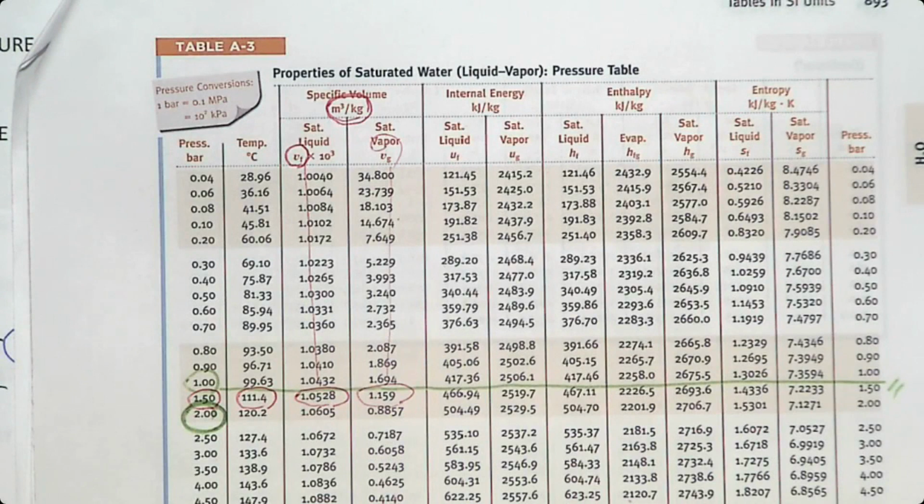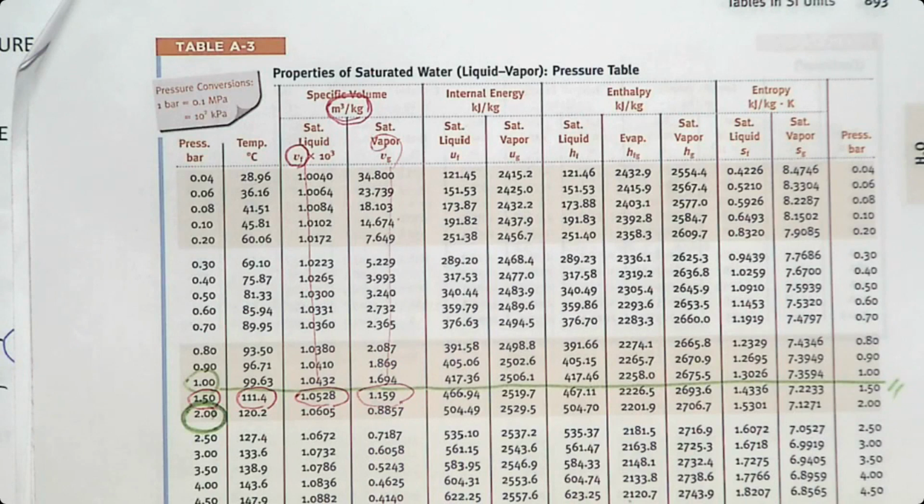This is T sat. The saturation temperature is going to be 120.2. And this is Vf, 1.0605. By the way, specific volume of saturated liquid is usually very small, so the numbers are too small. So we multiply this Vf by 1000 and wrote them here.